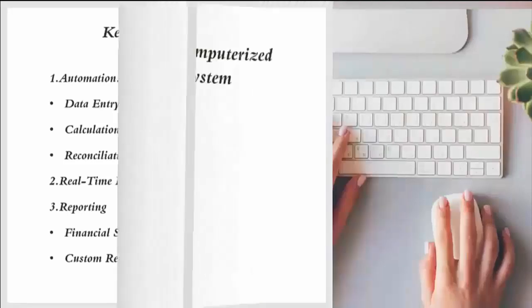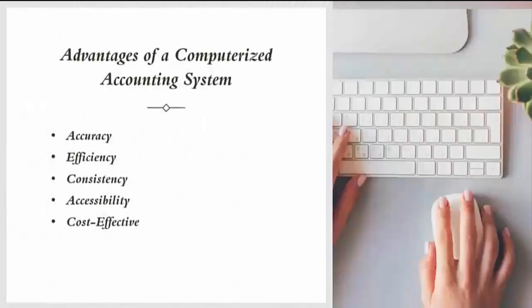Advantages of a computerized accounting system. 1. Accuracy. Reduces human errors in calculations and data entry, ensuring more accurate financial records. 2. Efficiency. Speeds up the accounting process by automating repetitive tasks, allowing accountants to focus on analysis and decision-making. 3. Consistency.